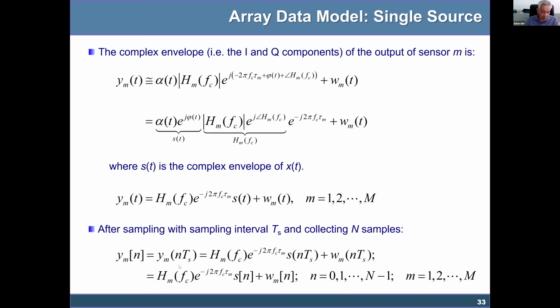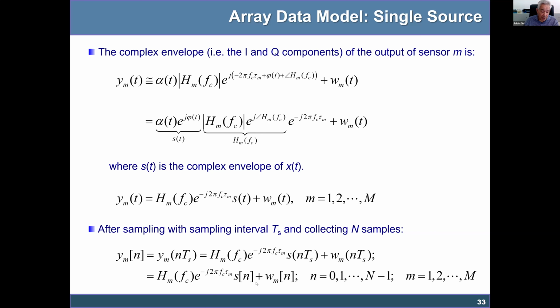So we have the frequency response of the m-th sensor calculated at the central frequency of the received signal. We have the phase shift induced by the delay by which the signal is received at the m-th sensor.